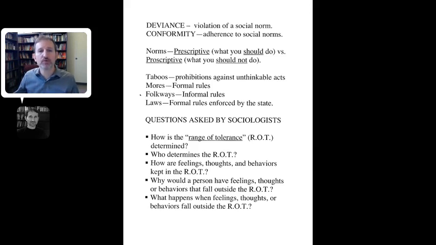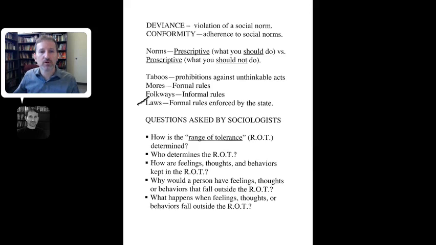Folkways we've talked about before: informal rules that don't usually have any kind of formalized sanction. So if you don't use your knife and fork when you eat, people might stare at you and think that's odd, but you will probably not encounter police making you do those things.